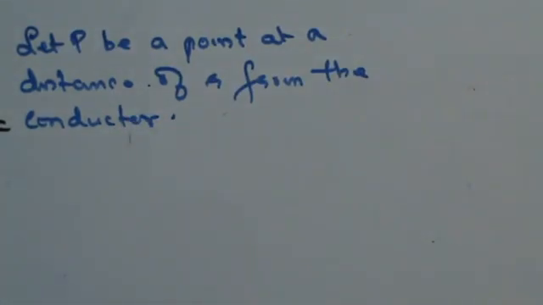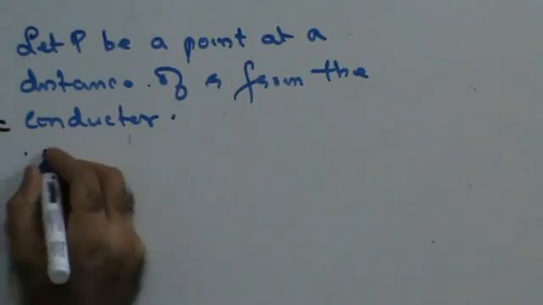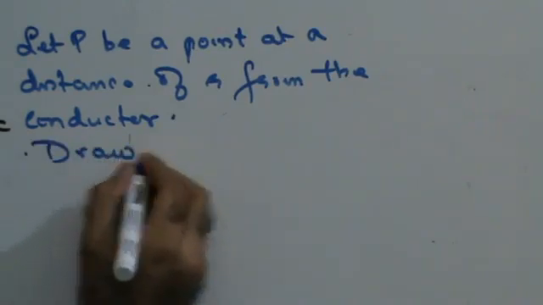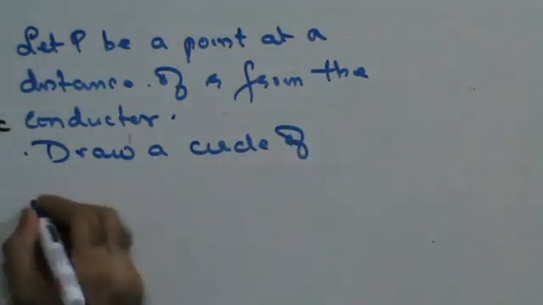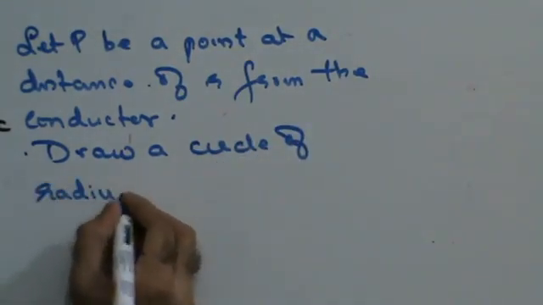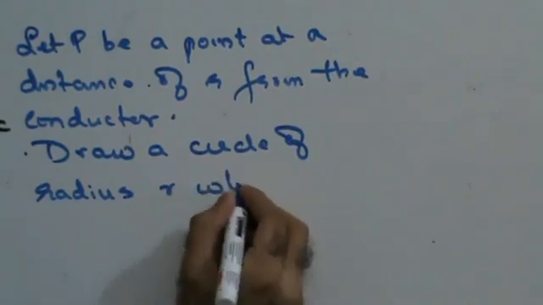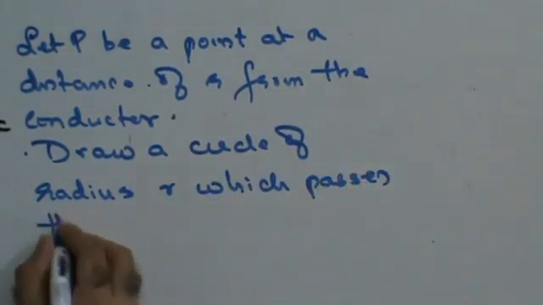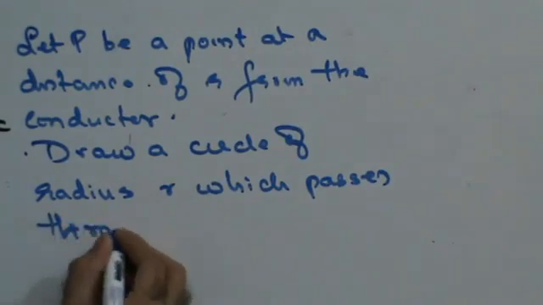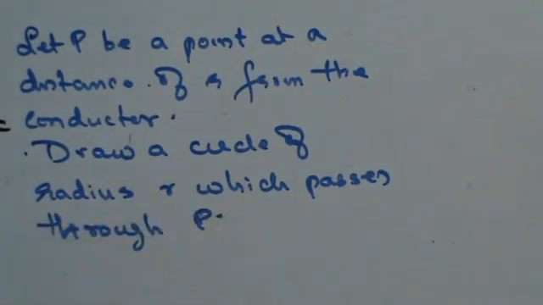In that case, in order to find out the magnetic induction at point P, draw a circle of radius r which passes through P.